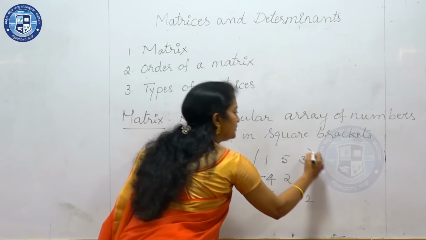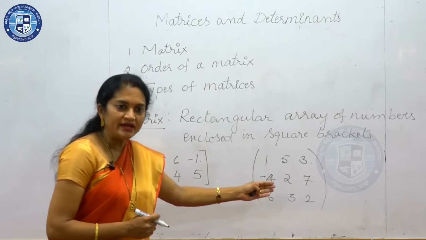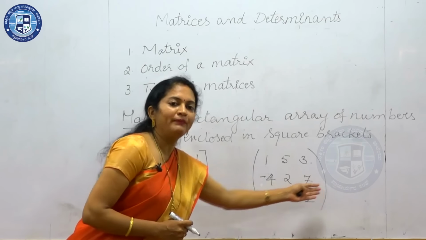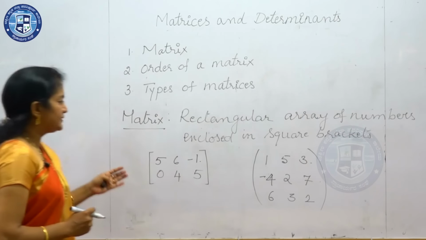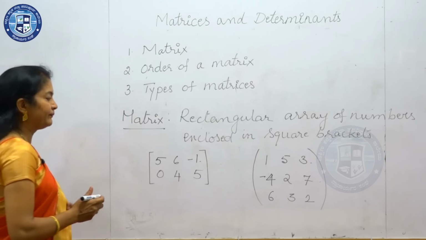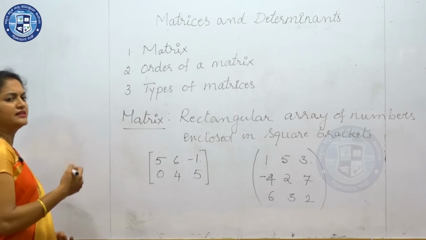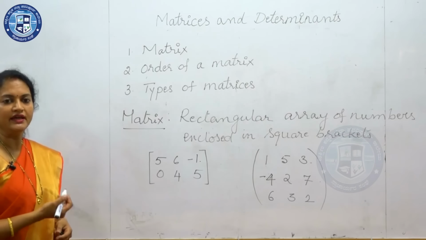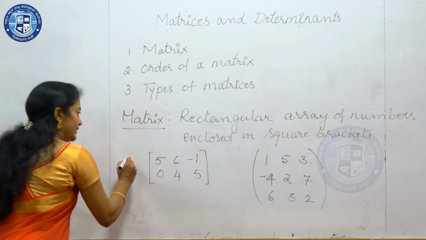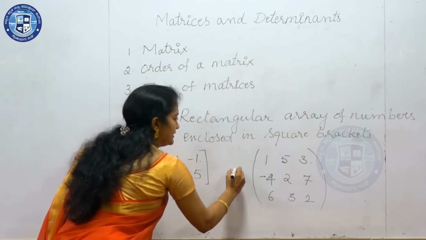We can put the brackets like this also. A matrix can be expressed using these open brackets also. So this way we will be expressing the matrices. Usually matrices are denoted by capital letters A, B, C, D, X, etc. So let us suppose A is equal to, this is X is equal to.